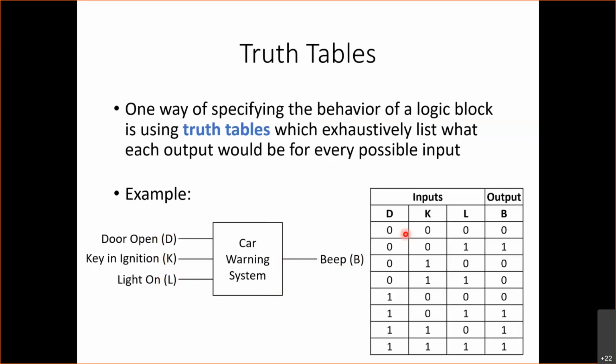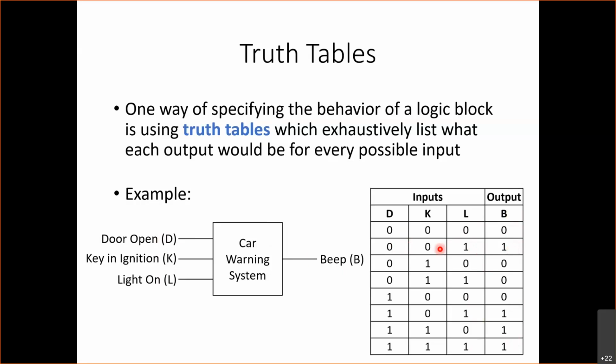These are going to be our inputs, and we have all combinations of these inputs. For each of these combinations, we're going to have a 0 if we don't want the car to beep, and a 1 if we do want the car to beep. Here there are 4 cases where we want the car to beep, this case over here, and these 3 cases down here. In the first case, we want the car to beep if my door is closed and my key is not in the ignition, but my light is on.